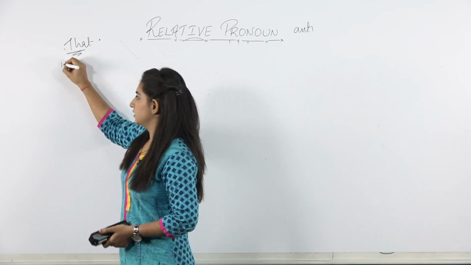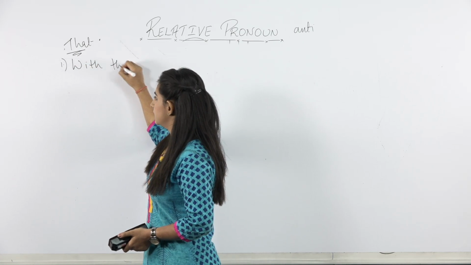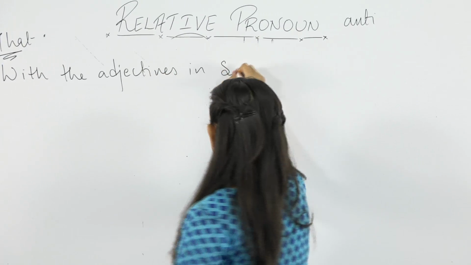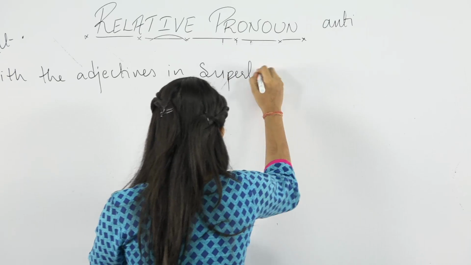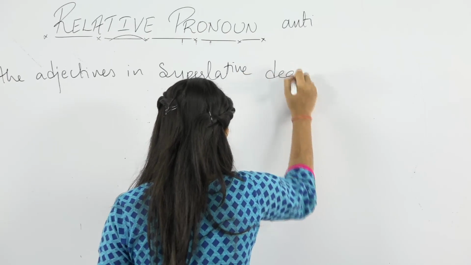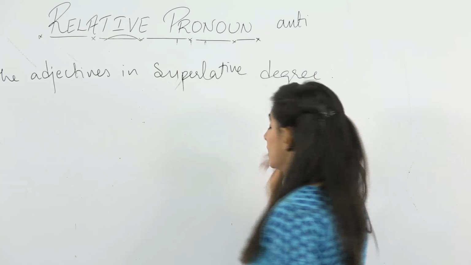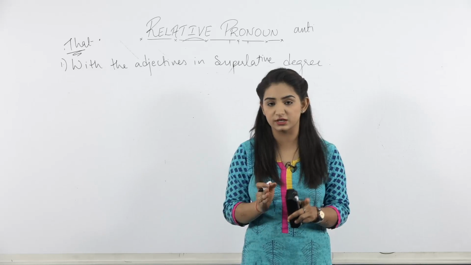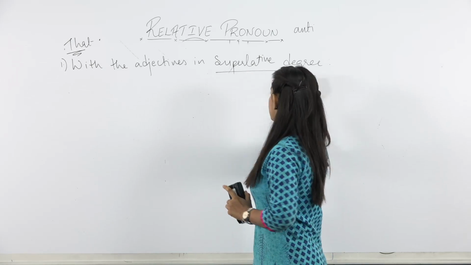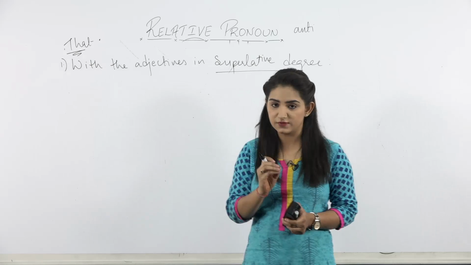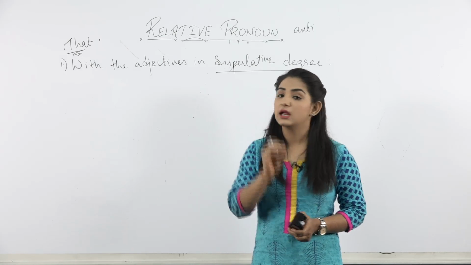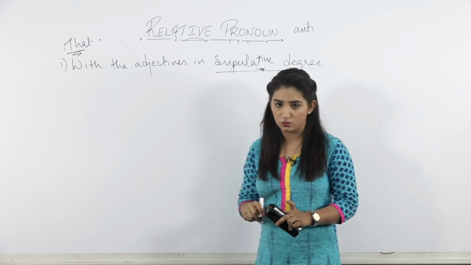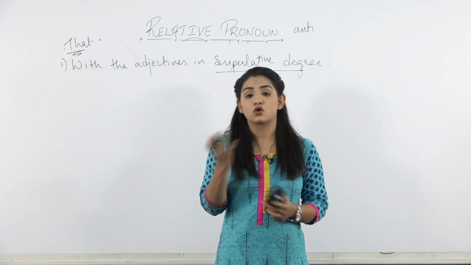The first is with the adjectives in superlative degree. Whenever we have an adjective that is associated to the antecedent and that is in superlative degree, अगर हमारे पास कोई adjective दिया है और वो adjective antecedent के साथ लगा है, और वो superlative degree में दिया हुआ है, जैसे tallest, smartest, strongest, ये सब क्या है?